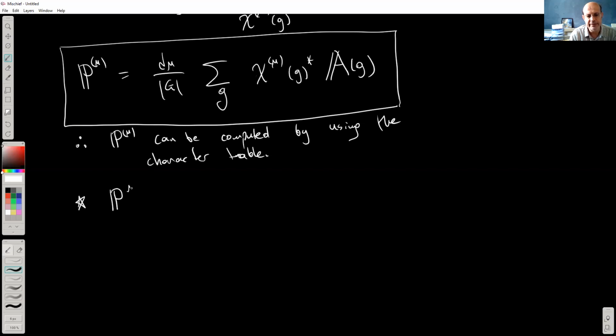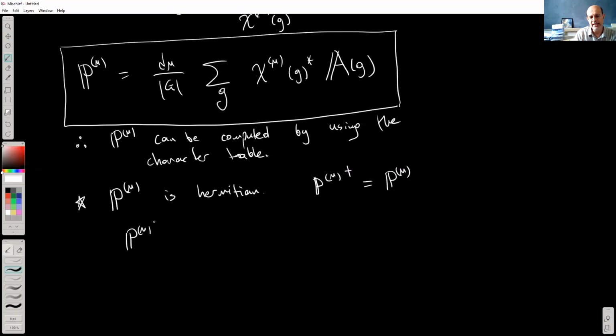These are Hermitian operators. I think I'm going to explain the meaning, perhaps not today, but on Wednesday. There's some kind of a geometric meaning of this. But I can show it like this. Just take the Hermitian conjugate of this.